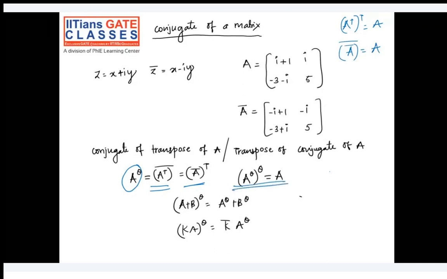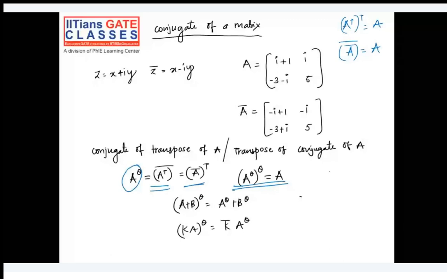Similarly, A plus B raised to the power theta is A raised to the power theta plus B raised to the power theta. And K A raised to the power theta is equal to K bar times A raised to the power theta, where K is a multiplier. It can be either a real or complex multiplier. Okay, is it clear till this? Can I proceed?